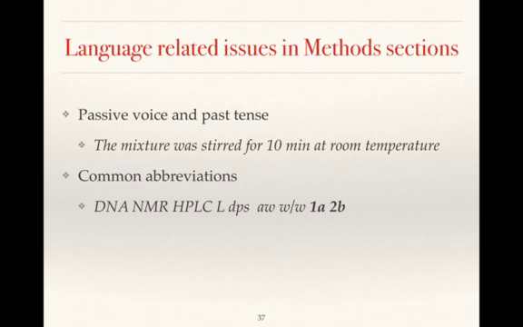Common abbreviations include the following things that you can see here, like DNA and NMR and HPLC and so on. You can see that the compounds are highlighted with bold here. You can also see before that weight per weight, atomic weight, disintegrations per second, and so on.